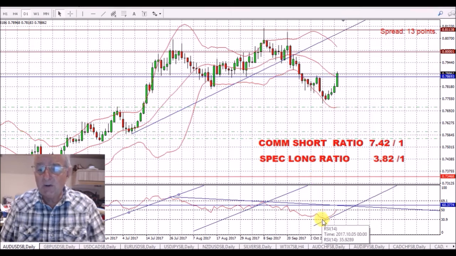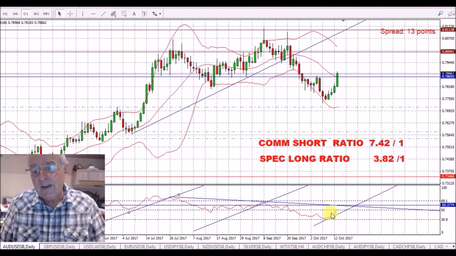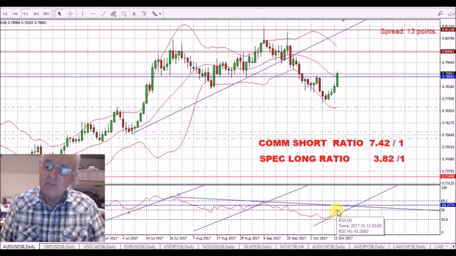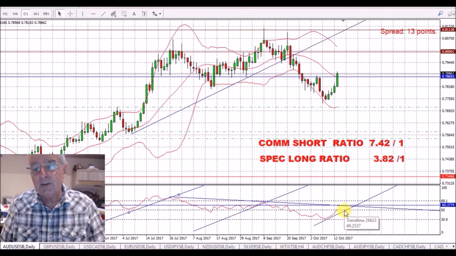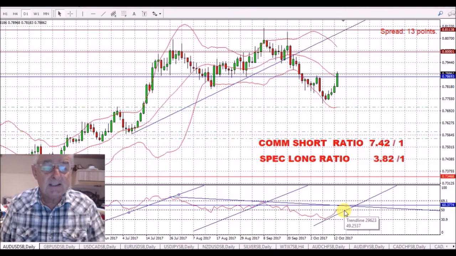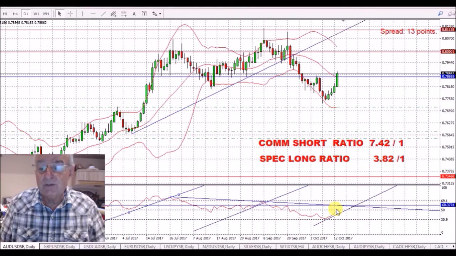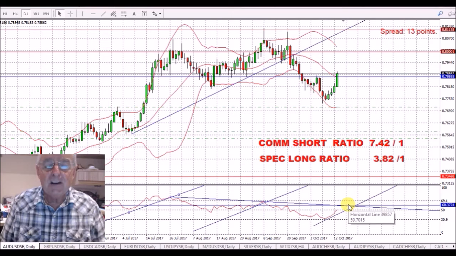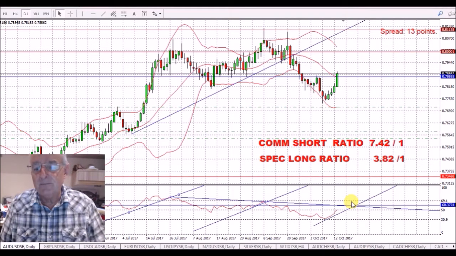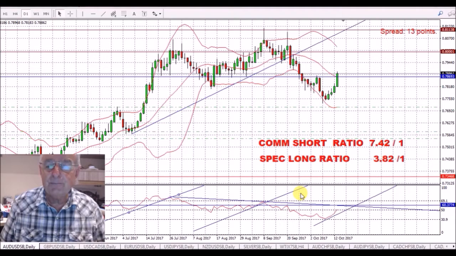Quite recently we've had a rise in the price of the Australian dollar, which is just going through the 50 here, and I'm expecting it to turn back down and cut through the trend line, which will give us another sell signal. We have an extreme position of short the commercials and long the non-commercials on the Commitment of Traders report, and this should be quite a long sustained downward trend, which is always very profitable.